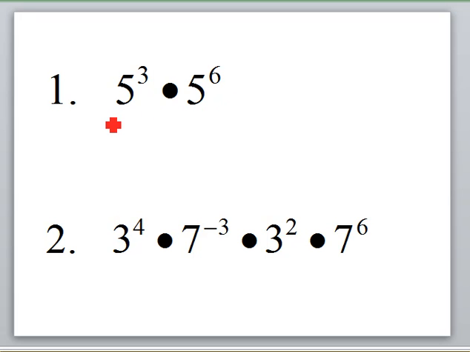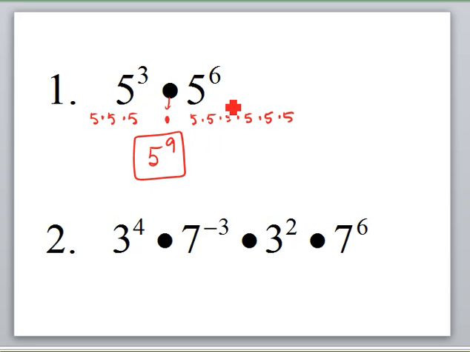But as we look at this problem, what we really have here, and here's the logic behind it, we have 5 times 5 times 5, and then here we have 5 times 5 times 5 times 5 times 5 times 5, 6 times. So if I go ahead and place this times sign here between them, it's really 5 to the 9th power.